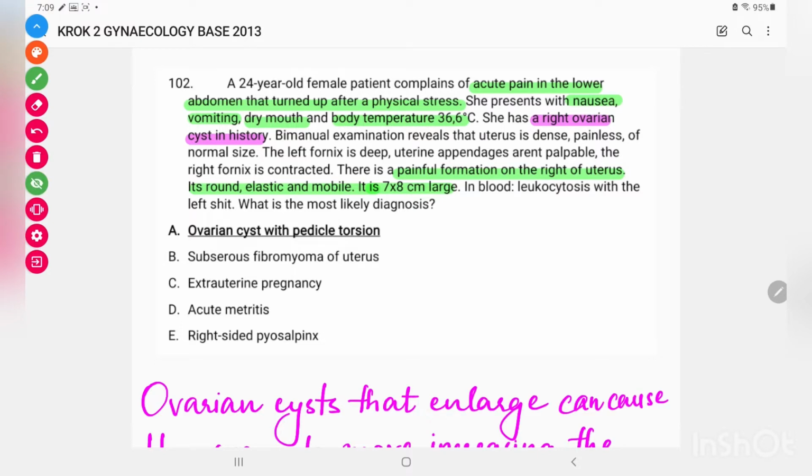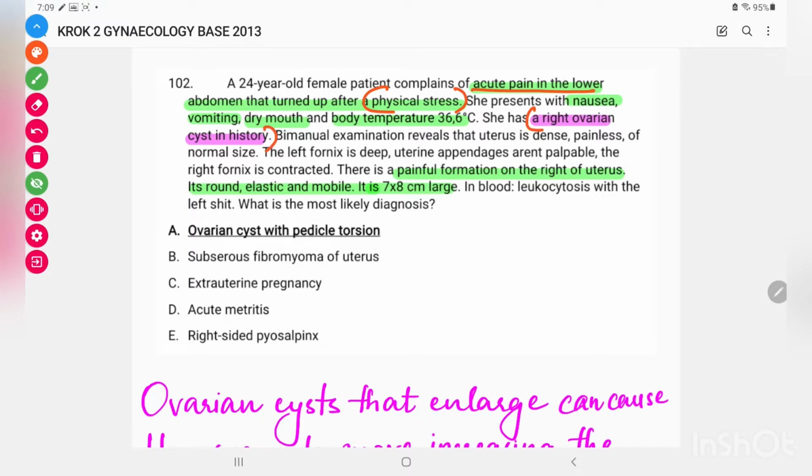So again, we have to keep our stress on one point. She actually has this acute pain in the lower abdomen. This started after a physical stress. Then suddenly she presented with nausea, vomiting, all of those features. Then the next point is in her history there is a right ovarian cyst.